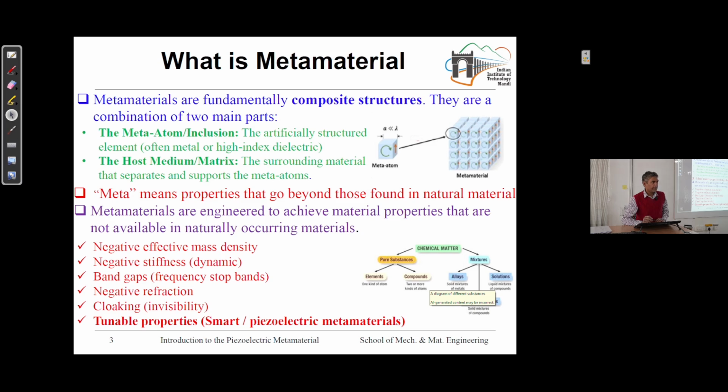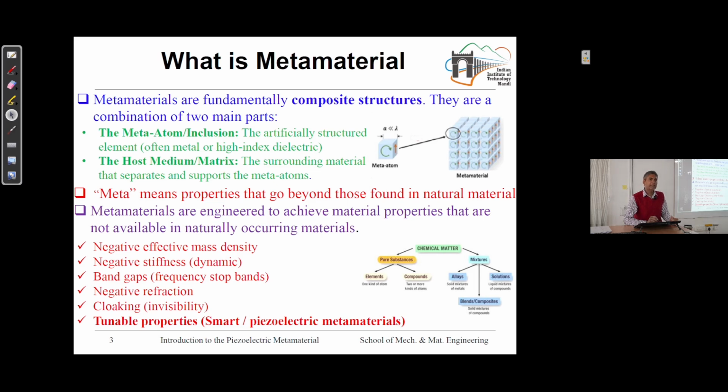metamaterial. Examples of unusual properties include negative effective mass density. Suppose we want density to be negative. Actually density cannot be negative, right? If you have a material, you must have some density, but this can be possible in case of metamaterial. Similarly, negative stiffness, we cannot have in usual or natural materials, but we can have it in metamaterials.